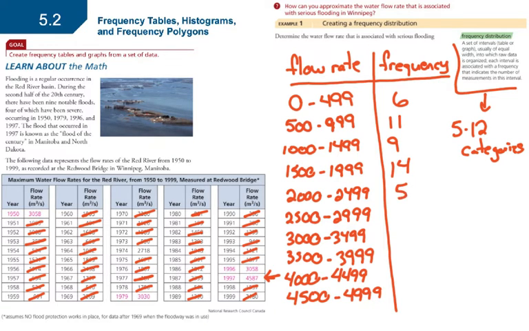Then 5. 1. 3. Zeros in the next ones. And last, 1 in the last category.